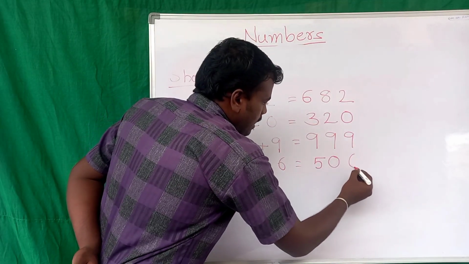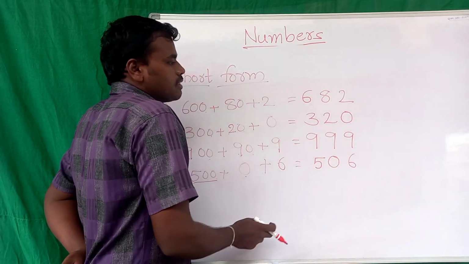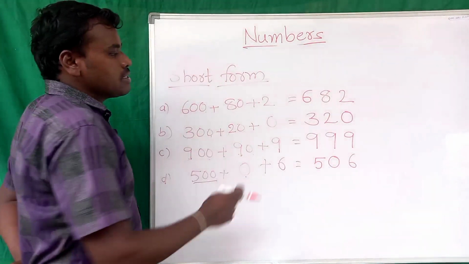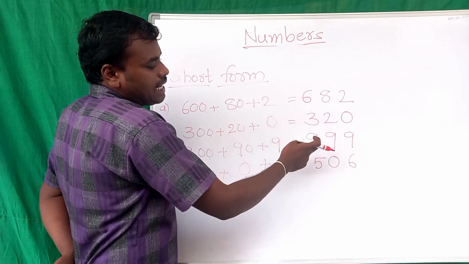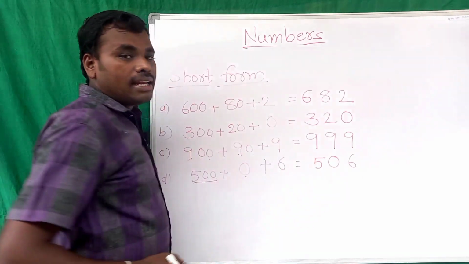These are the short forms of the numbers: 682, 320, 999, 506.